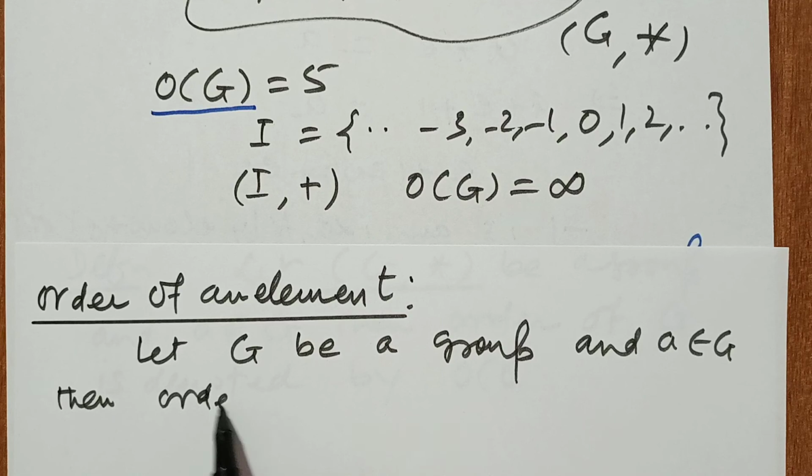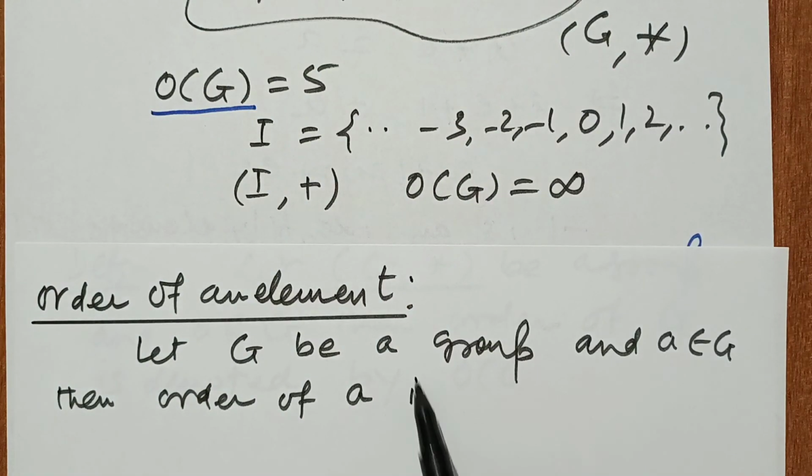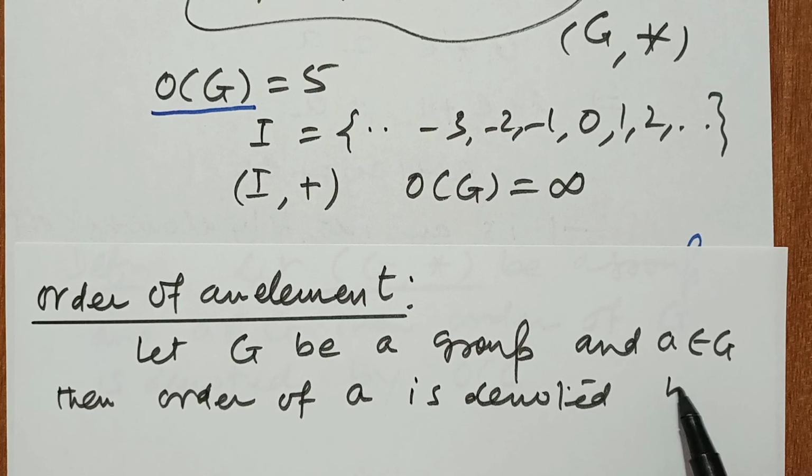the order of A, meaning the order of any element of G, is denoted by OA.